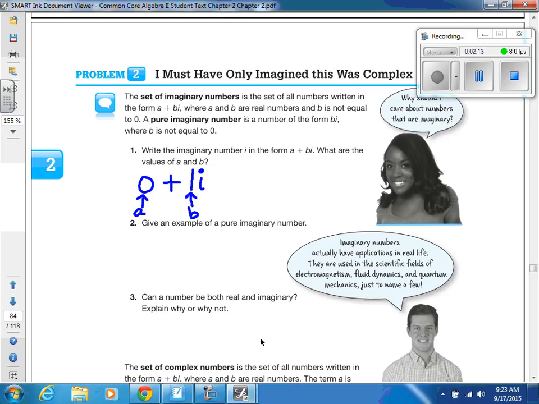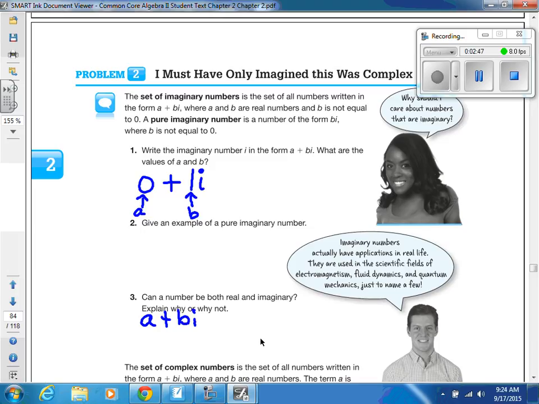Can a number be both real and imaginary? Can it be? It cannot be both real and imaginary. In order to be both, either A would have to be 0.